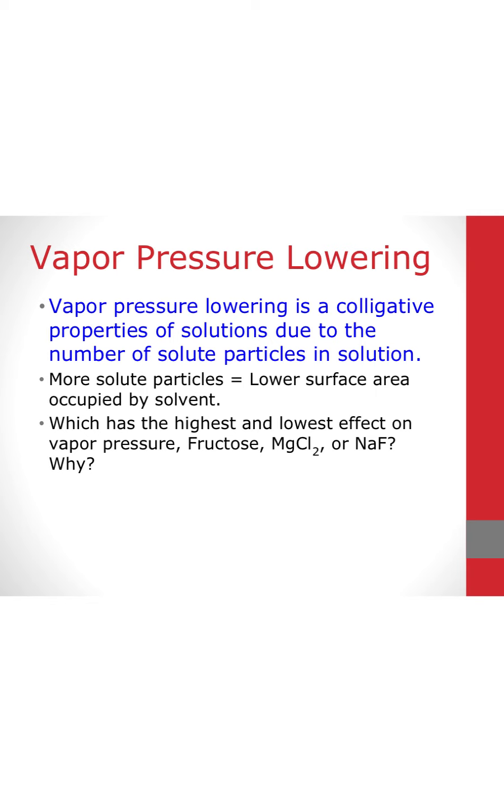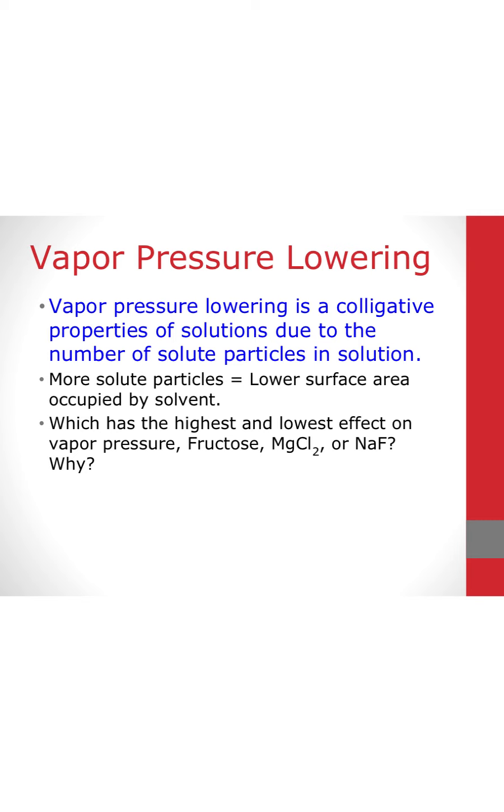Vapor pressure lowering is the ability of a dissolved particle to make it harder for the solvent to evaporate, so you have less vapor pressure. And it doesn't really matter based on the size of the particle, the solute. It's just more based on the number of solute particles total.